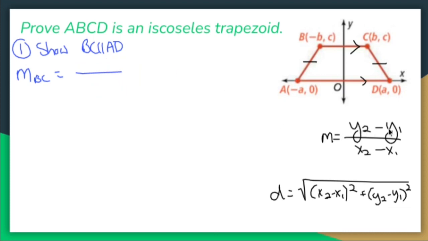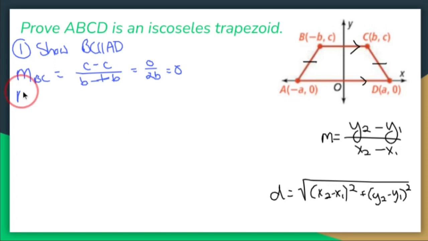So y sub 2 minus y sub 1 is c minus c, I think I can handle that. Then x sub 2 minus x sub 1 is b minus negative b. Double negative makes it positive. 0 over 2b is just 0. Makes sense because that looked flat to me.